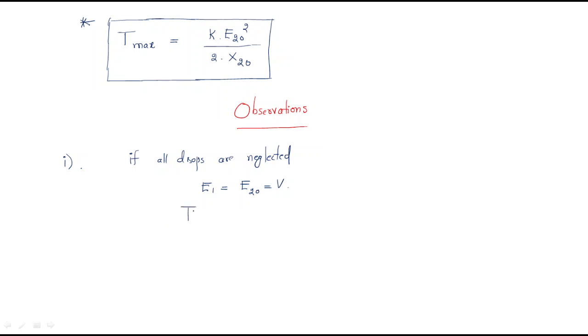The maximum torque is proportional to the voltage square. Look here, this is the voltage square.